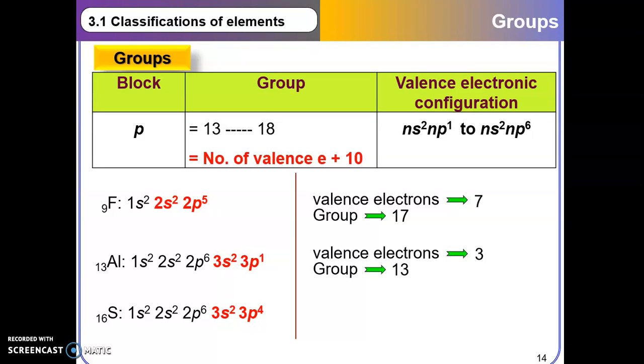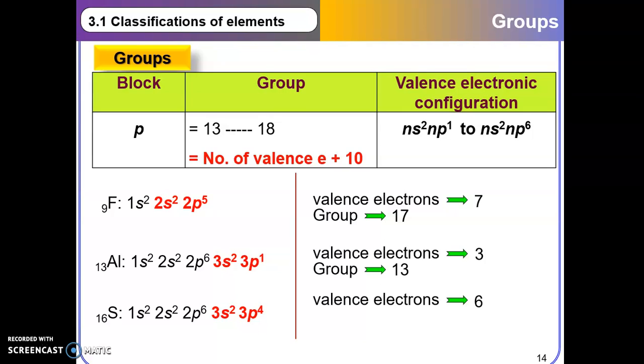For sulfur, again, the highest energy orbital is p orbital. So we can say sulfur is from p block. This is step 1. Step 2, we need to determine the total number of valence electrons. The number of valence electrons for sulfur is 6.